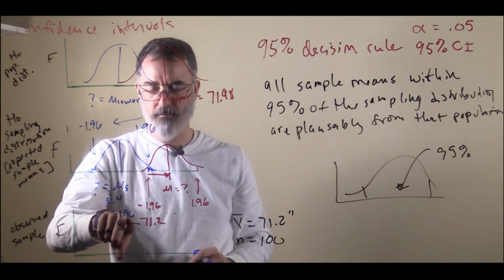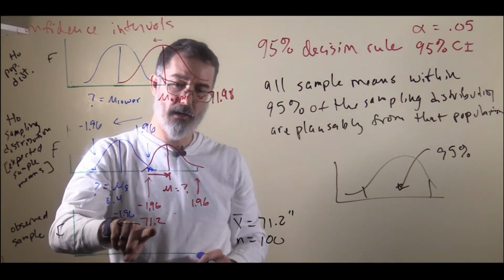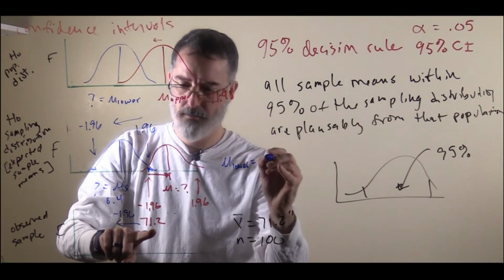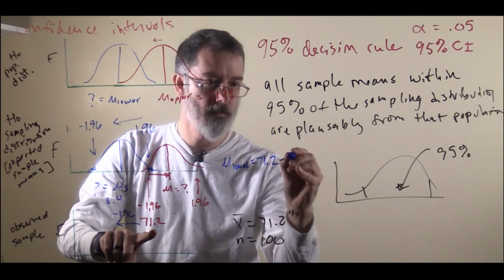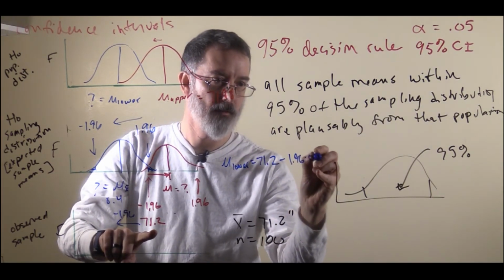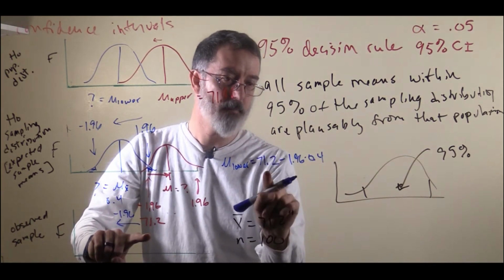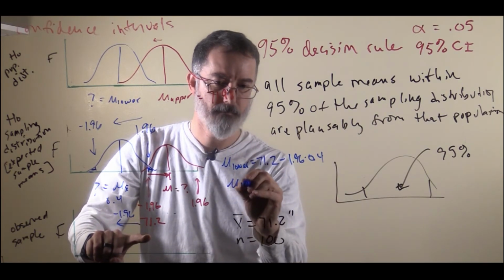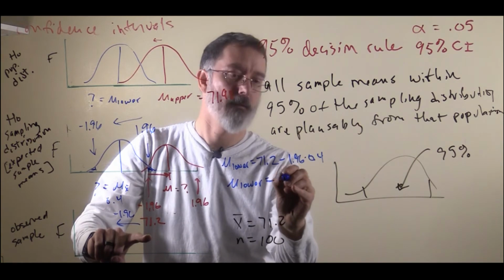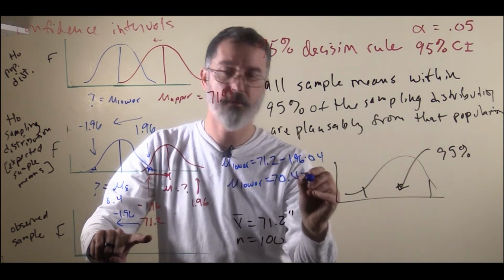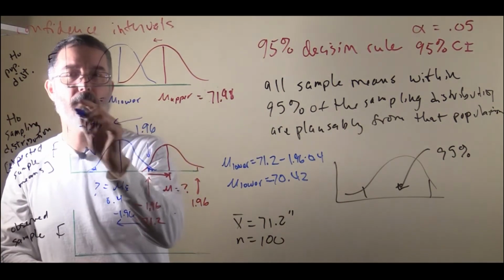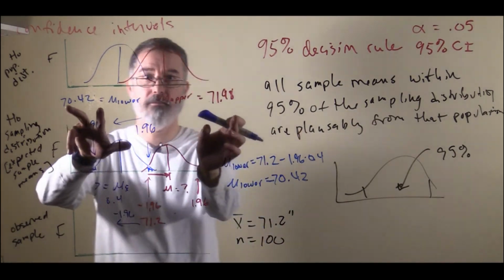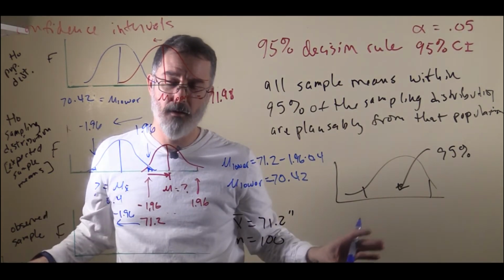So we need to go almost 2 standard deviations below the sample mean, and you get 70.42 inches. So this lower boundary, this lower limit, is 70.42 inches.